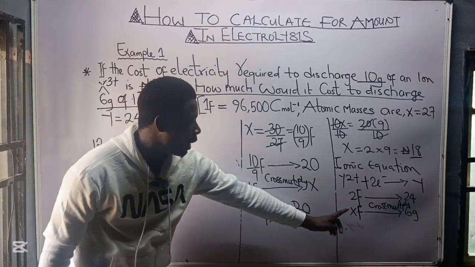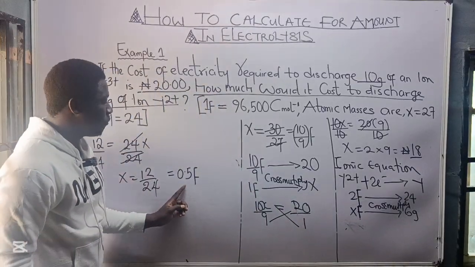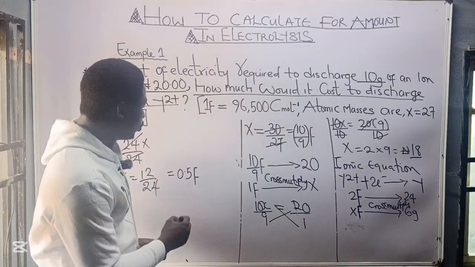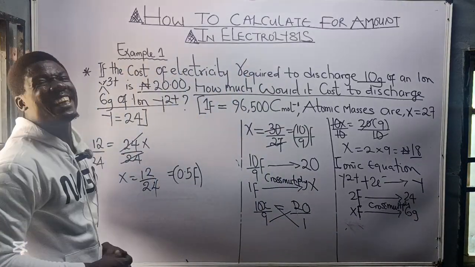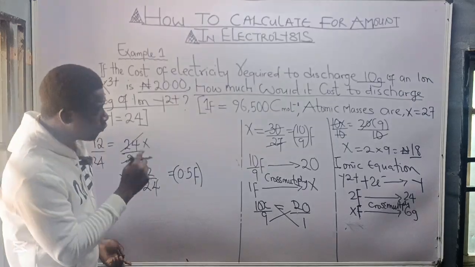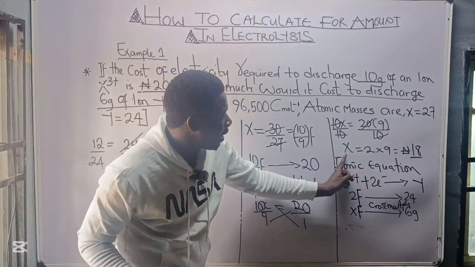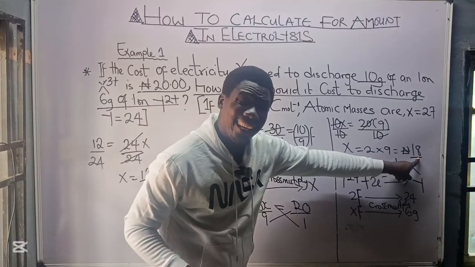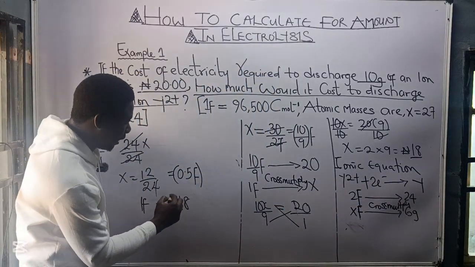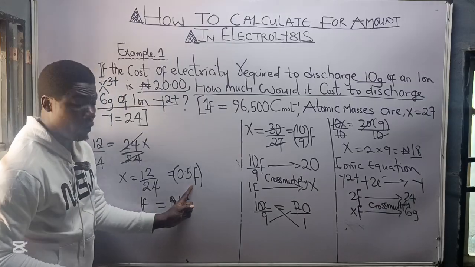Yes. Don't forget that we have X Faraday. So it's 0.5 Faraday that gave us what now? 6 grams. So if we have 0.5 Faraday, what is the cost of 0.5 Faraday? Very simple. Knowing fully well that 1 Faraday is 18 naira. So if 1 Faraday is 18 naira, what will be the cost of 0.5 Faraday?